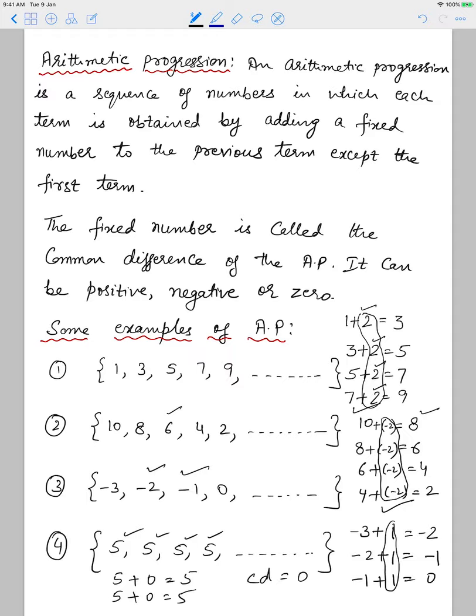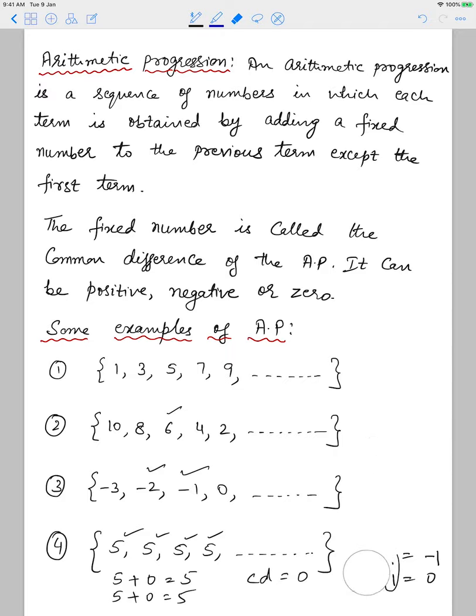What is the second way of explaining arithmetic progression? I can say it is a progression in which the difference between two consecutive numbers always remains the same. For example, in the first one, two consecutive numbers. What is the difference? 3 minus 1 is equal to 2.